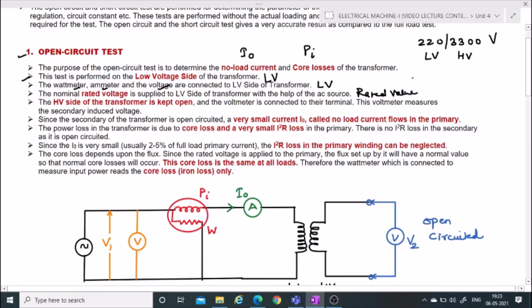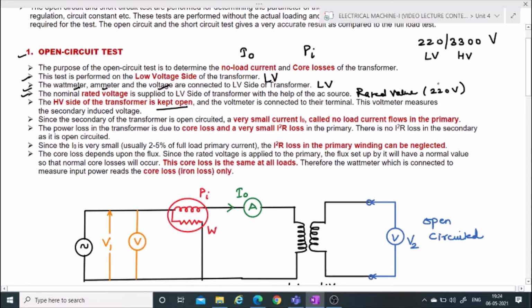So if we are performing the test on low voltage side, it means that we have to give here 220 volt input voltage. High voltage side will always be kept open, while a voltmeter is connected to its open terminals to calculate the secondary side induced voltage.